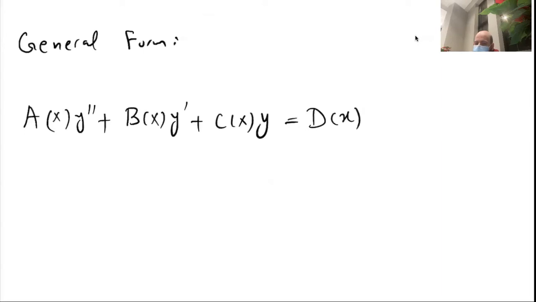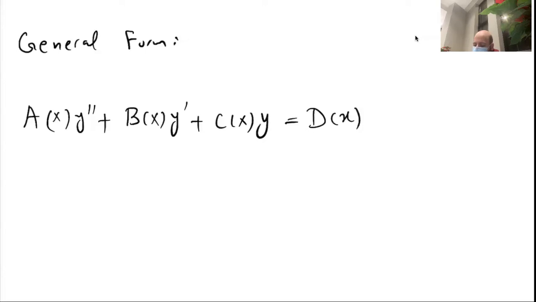Similarly, in algebraic equations, if we have a polynomial and we divide both sides by the leading coefficient, then we can assume the leading coefficient is 1, and that would make the calculations generally a little bit simpler.